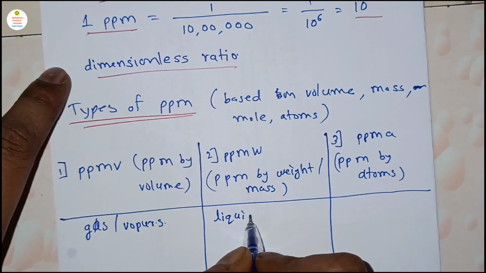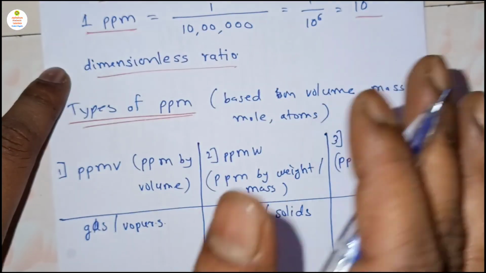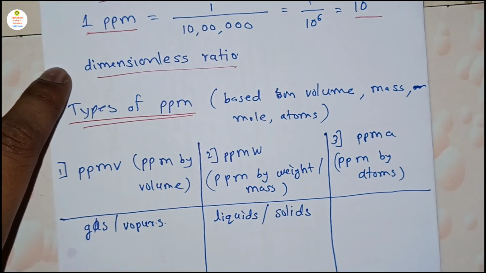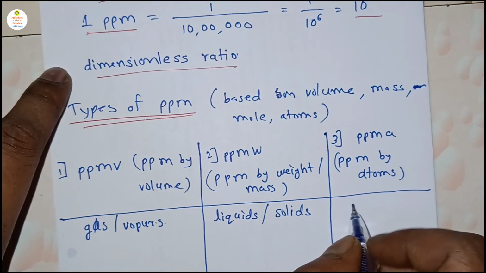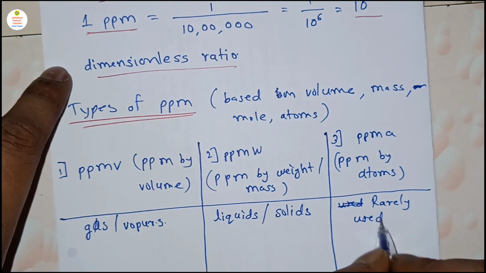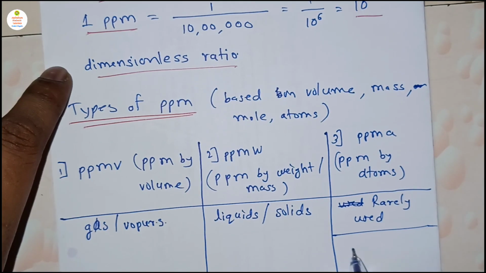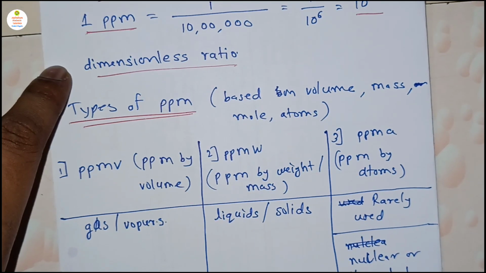And ppma is rarely used, but it is sometimes used in calculation, especially for nuclear or elemental analysis.